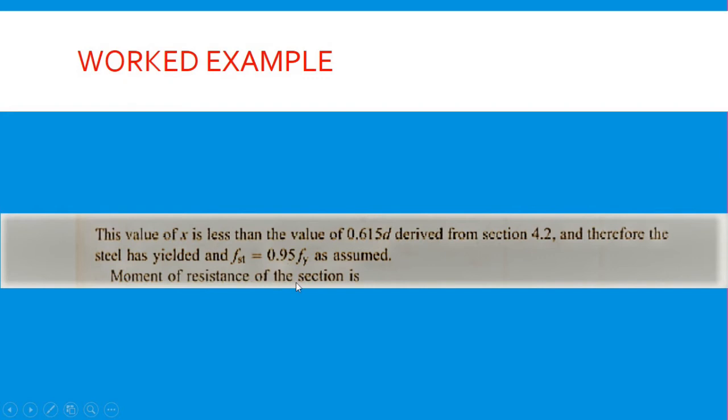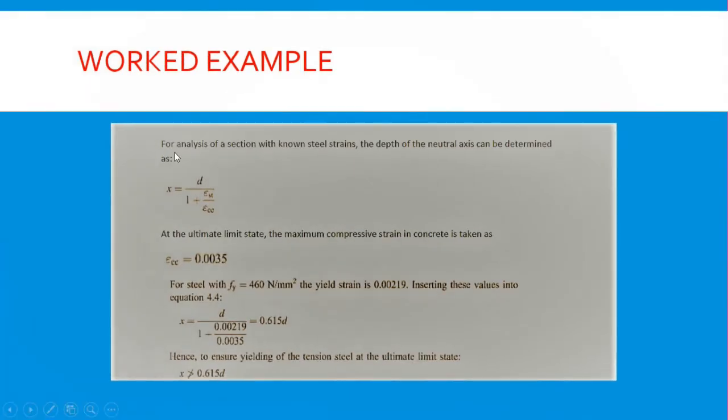Basing on this, for analysis of a section with non-steel strains, the depth of the neutral axis can be determined using this formula here. At the ultimate limit state, the maximum compressive strain in the concrete is taken as 0.0035. For steel, I just take the characteristic strength of the reinforcement, fy being 460. The yield strain is 0.00219.